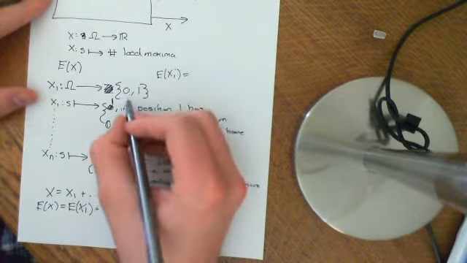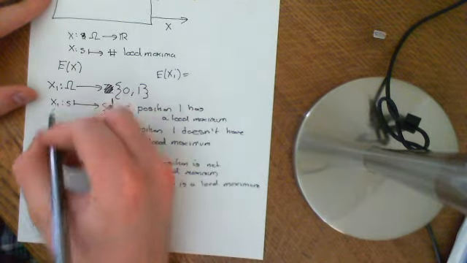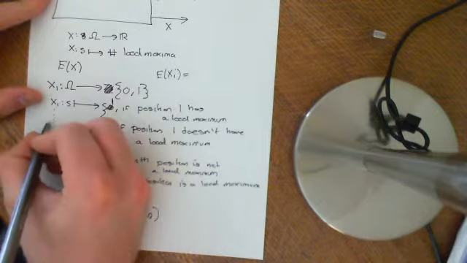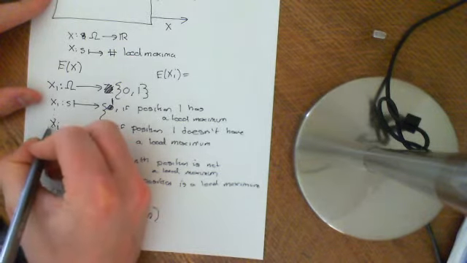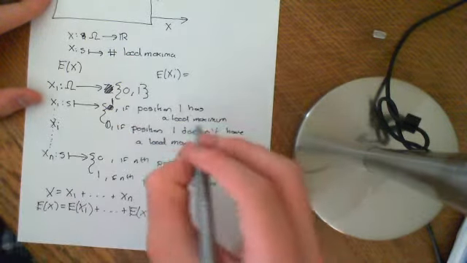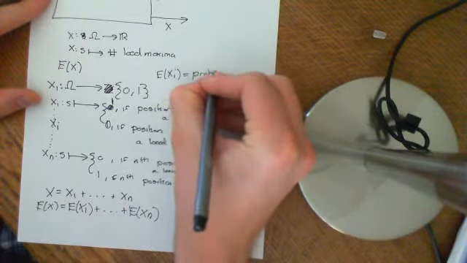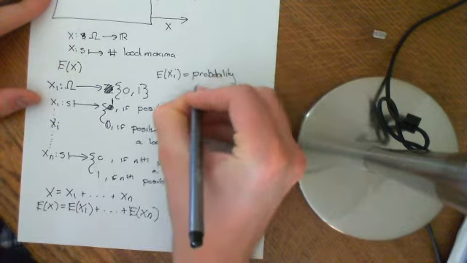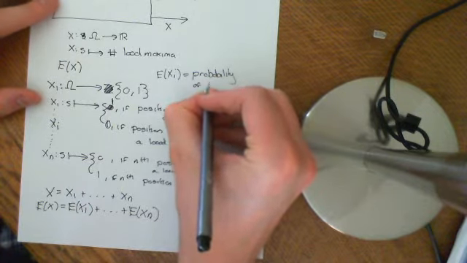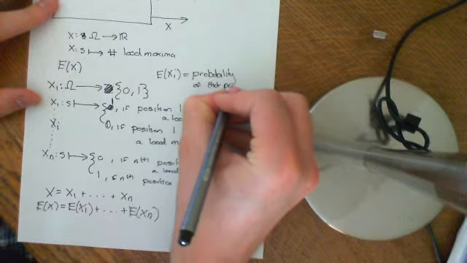But the probability of success is going to be different for x1 and xn, the two end ones, than for the intermediate ones.